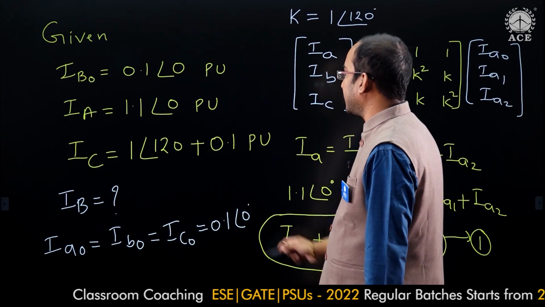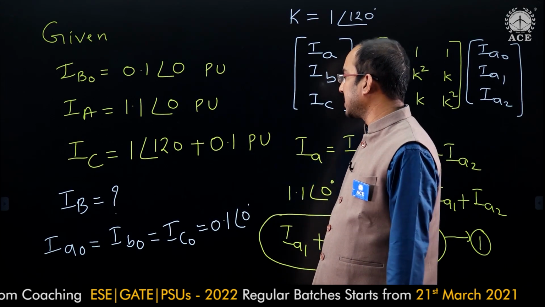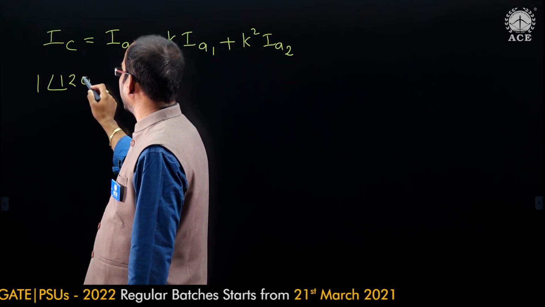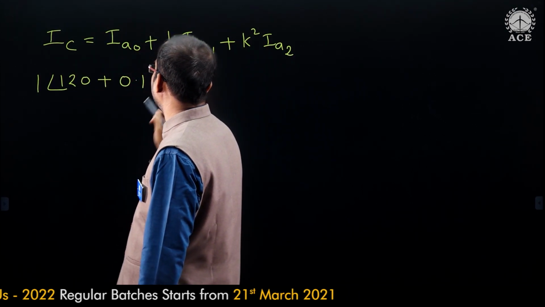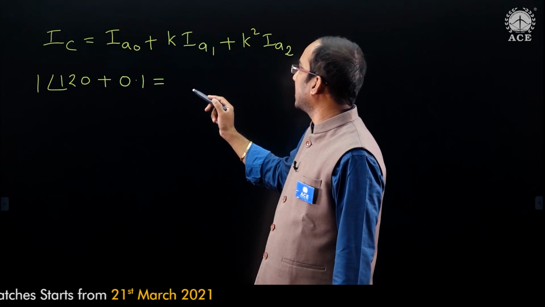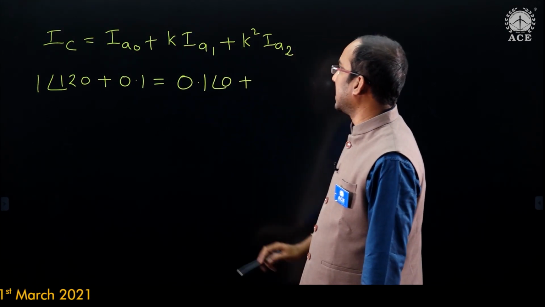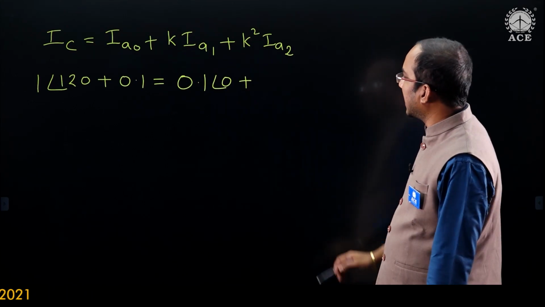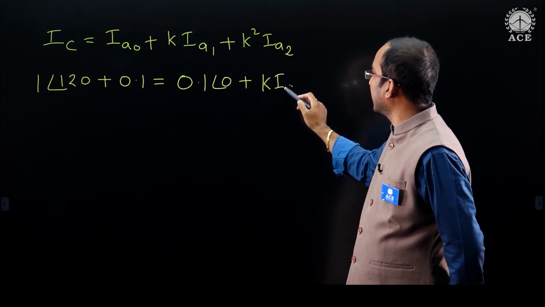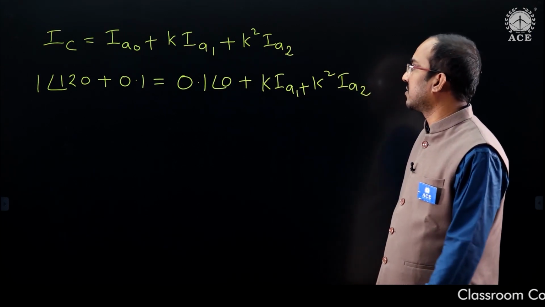Here, if you observe the given data, IC is given as 1 at an angle 120, which is equal to IA0, that is 0.1 at an angle of 0, plus K times IA1 plus K square times IA2.